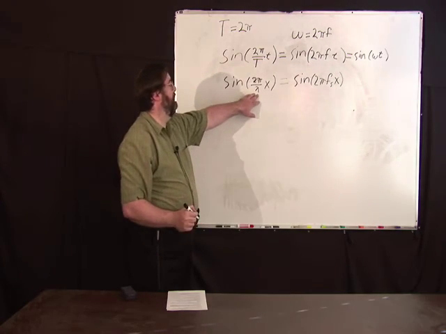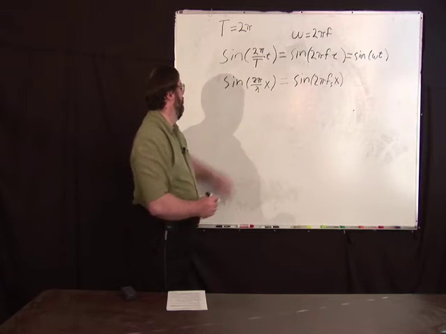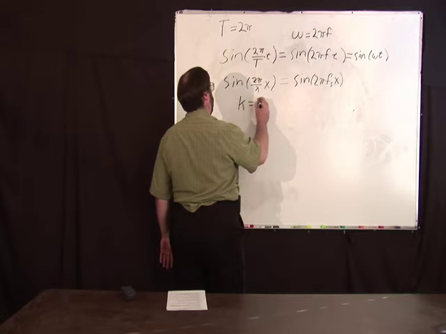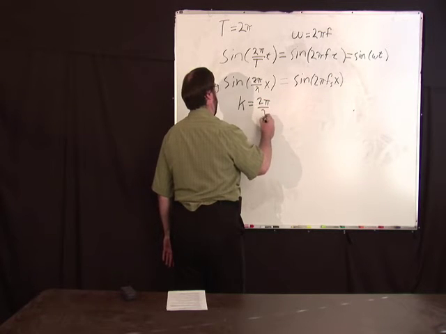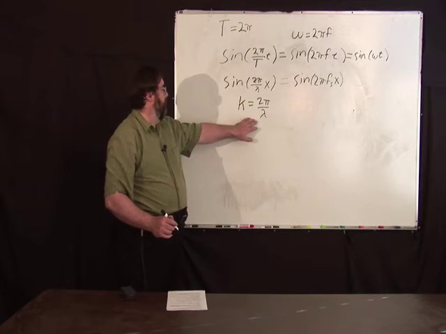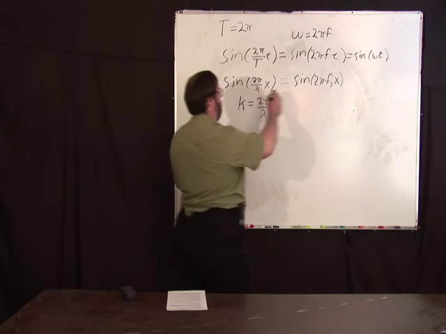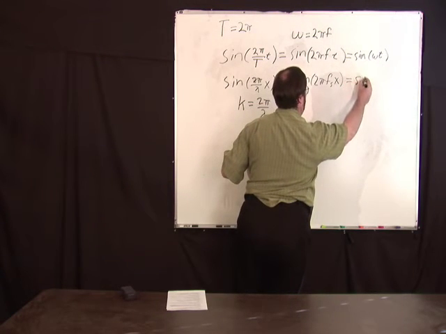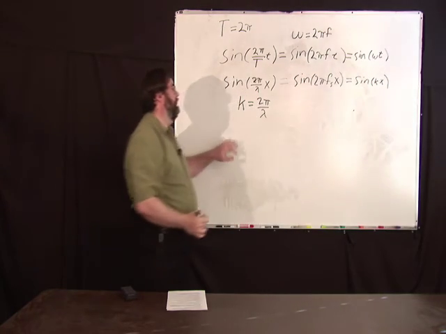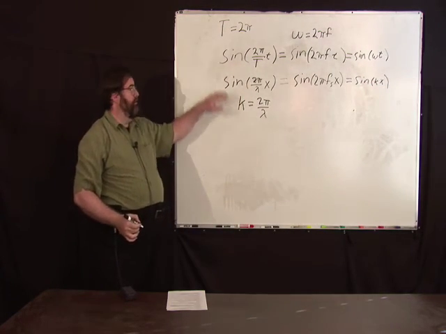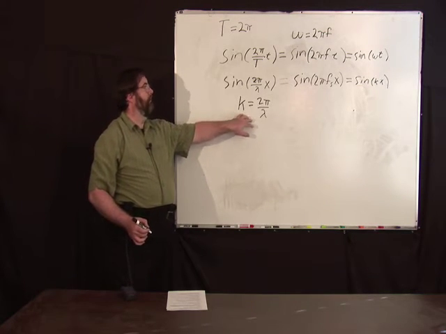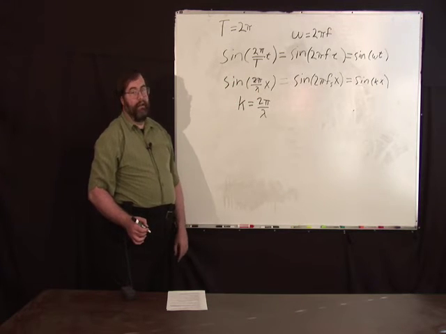Now this quantity here is given a special name and symbol, k, which is 2 pi over lambda, and is called the wave number. So we can say that this is equal to sine kx. No different content from here. We just change the variable names. So 2 pi over lambda for k, 2 pi f for omega.